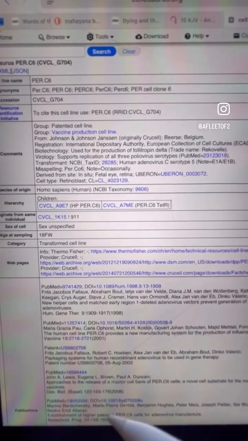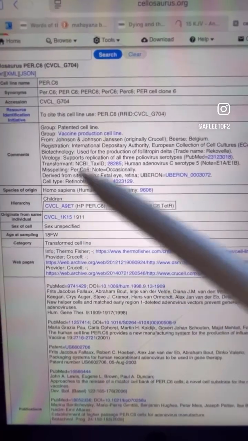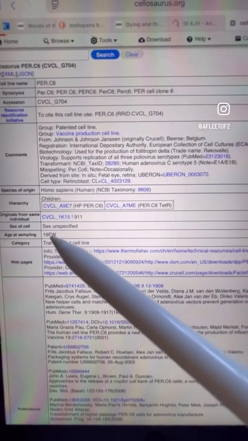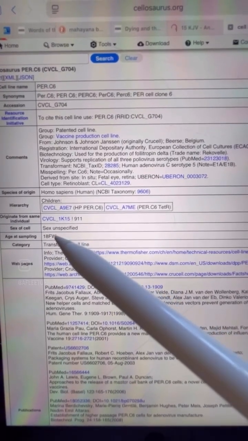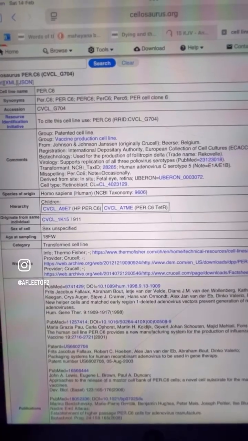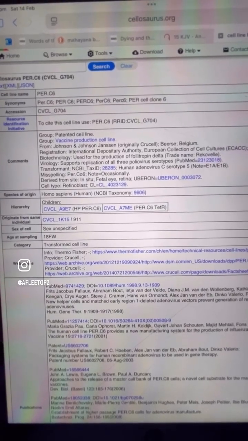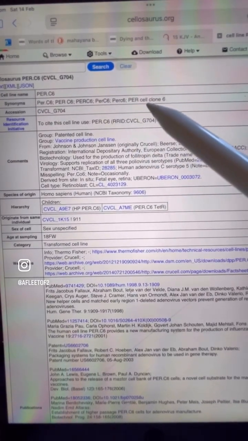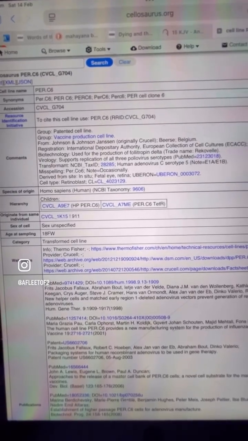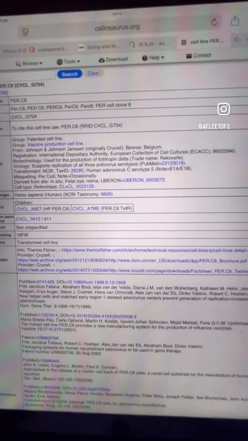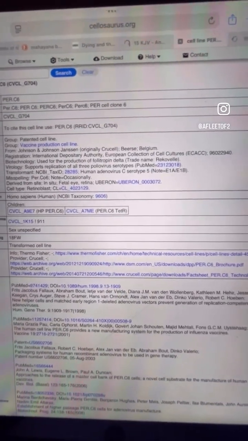So that's where the COVID-19 cell line was derived from, the 18-week fetal cell line. And apparently they clone the cell, which is multiply it, so you can get lots of vaccines.